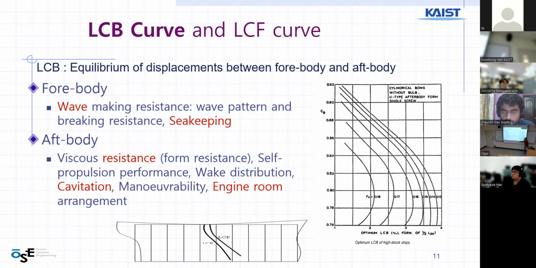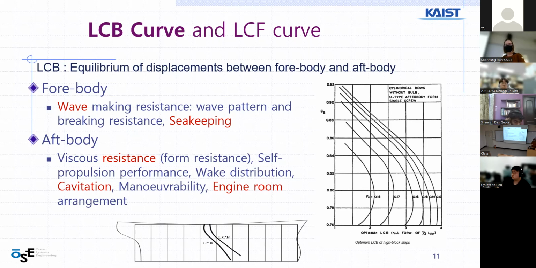Here you can see that the LCB and LCF will vary according to the shape of the forebody and the aft body. The aft body is the shape at the end of the boat, and the forebody is the shape at the front of the boat. The forebody will influence wave-making resistance, wave pattern, breaking resistance and seakeeping.